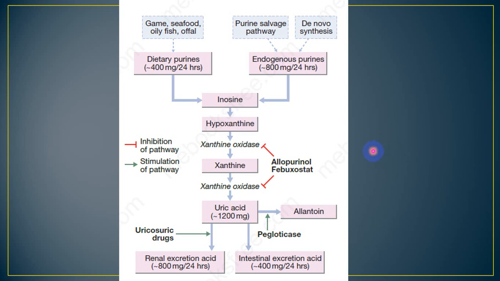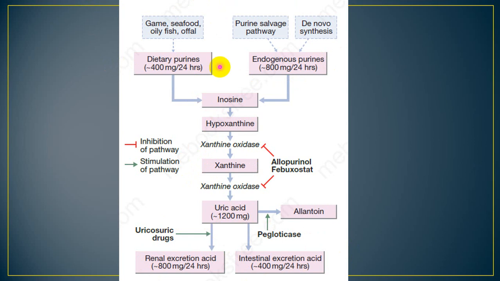So our main object is uric acid. How to deal with uric acid? First of all, a few physiological points. Uric acid within the body is maintained within strict limits by a balance between intake and output of uric acid.